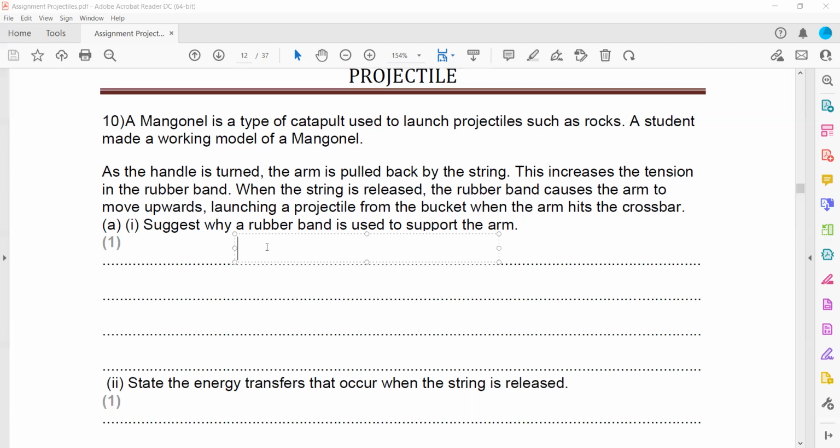Is it clear? Why is no other material used? Because other materials will not be efficient at transferring the elastic strain energy. Those objects which can deform can easily transfer the elastic strain energy.